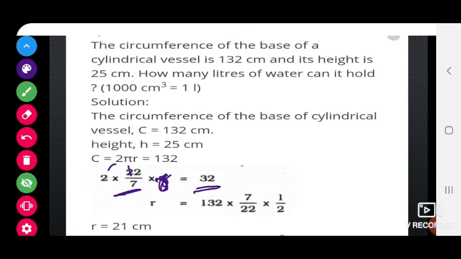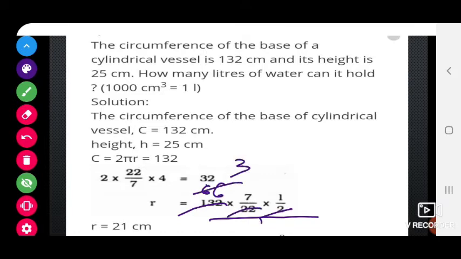So, r is equal to 132 already there. And here, division 7 if it goes that side, becomes multiplication 7; 2 in multiplication goes for division; 22 in multiplication also goes for division. Now 2 ones are 2, 2 sixes are 12, and 2 sixes are 22, 1s are 22, 3s are 3 sevens are 21. So radius is equal to 21 centimeter.